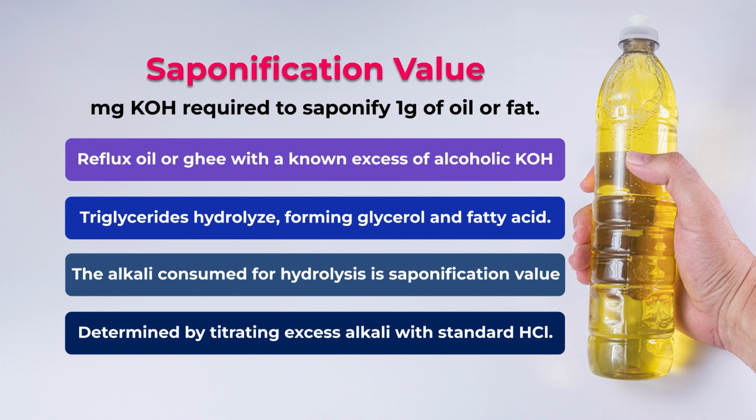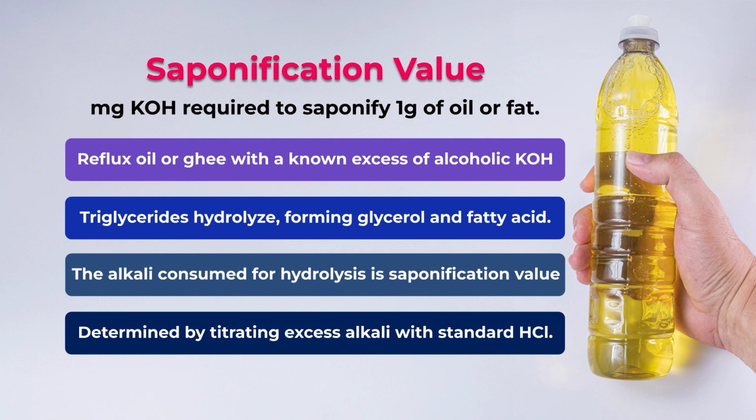Once it is saponified, it forms glycerol and fatty acid. The alkali consumed can be used to find out how much fatty acid is produced. If we know how much fatty acid is produced, we can back-calculate the saponification value of the oil and fat.